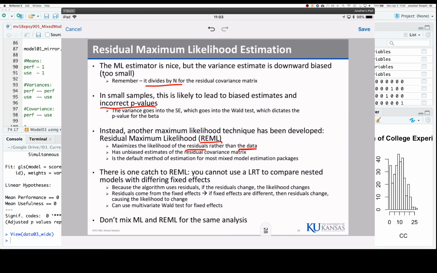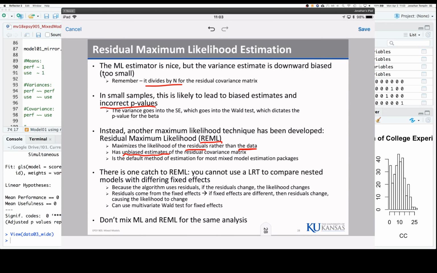So that n minus the number of fixed effects is really what the residuals are represented. A residual is us taking our predicted value, taking the data minus its predicted value. So it sort of pulls the fixed effects out of the analysis. The cool thing is it gives us unbiased estimates of the variances and covariances.